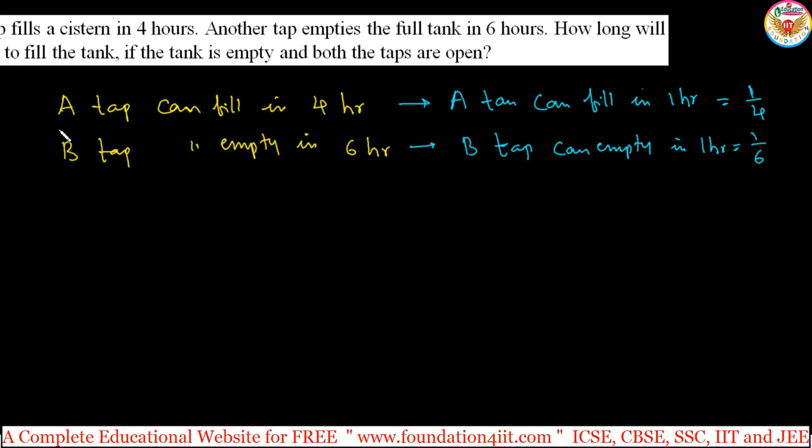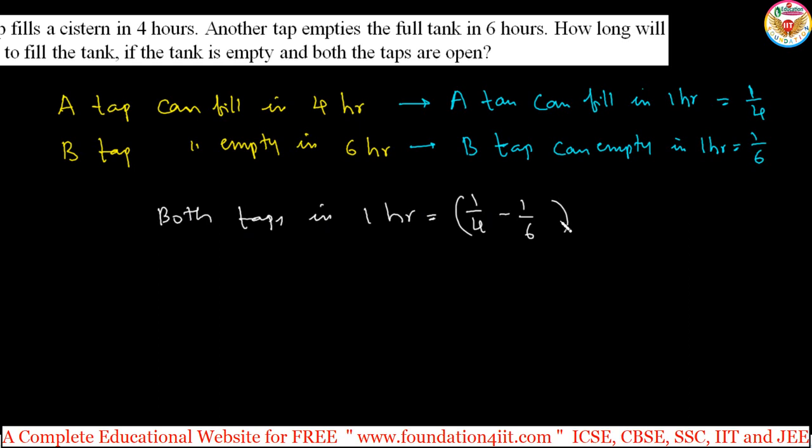So now we need to find out both taps together in 1 hour, because one is filling and one is emptying. From filling you can subtract the empty part. So both taps in 1 hour: 1 by 4 minus 1 by 6.